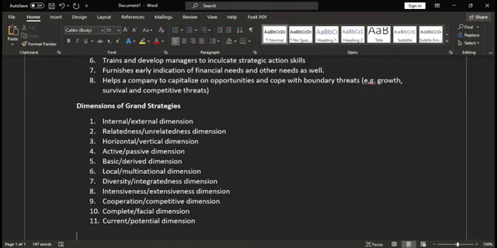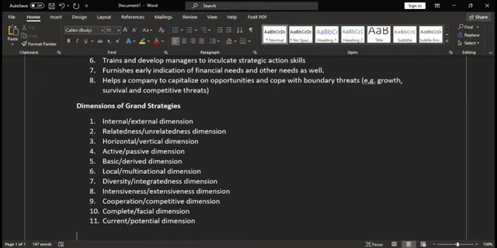Integration, on the other hand, as a dimension, is the extent to which a newly adopted strategy collaborates or coordinates or is in harmony with existing strategies of the organization.